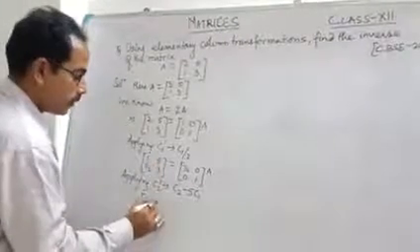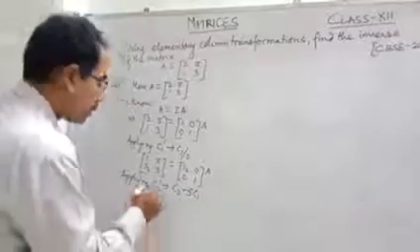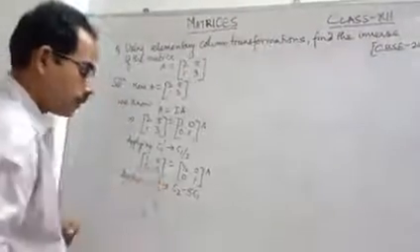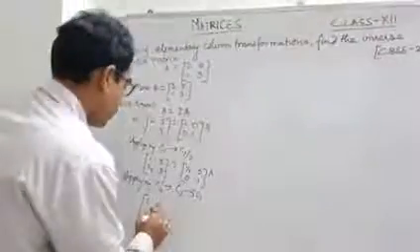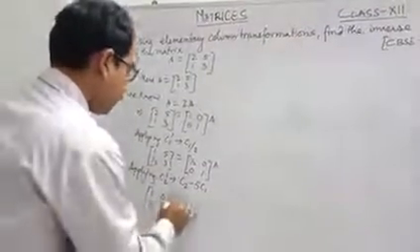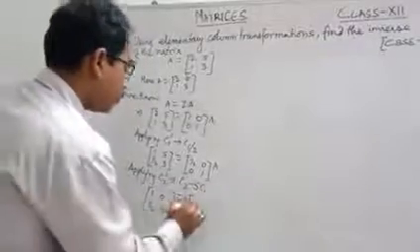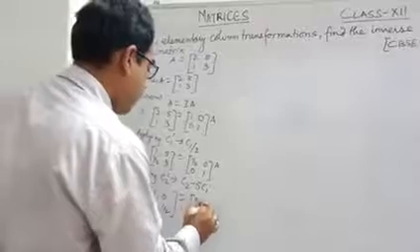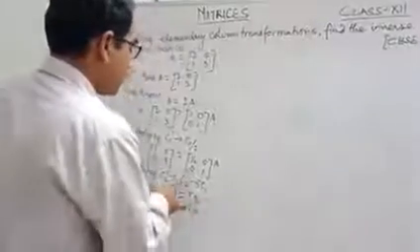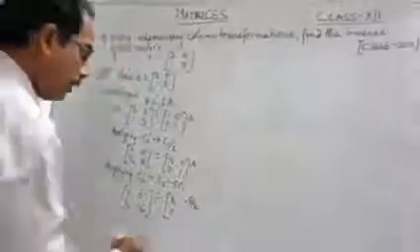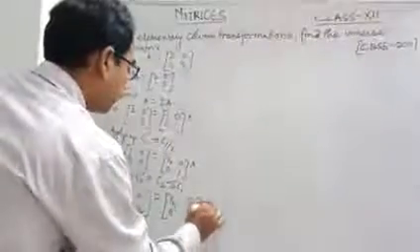Here it will be 0, and here it will be 3 minus 5 by 2, which is 1 by 2. Equal to, here also no change, but here you get minus 5 by 2, and here 1A.